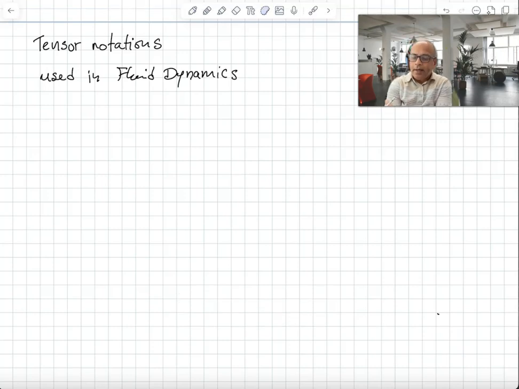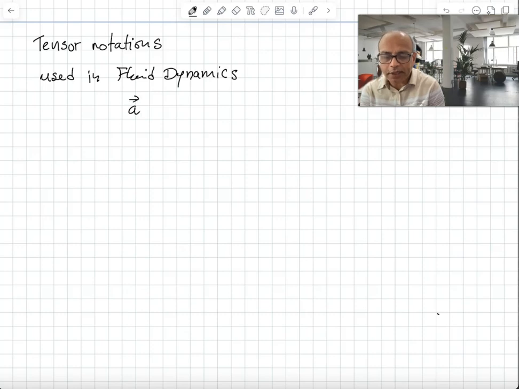Welcome back. Today I'm going to discuss the tensor notations that we need to use in the study of fluid dynamics. So let's get started by considering a vector A. Normally we would write a vector in a column.